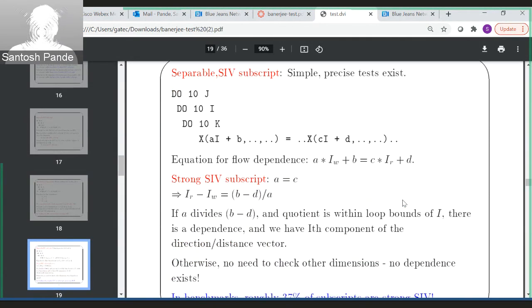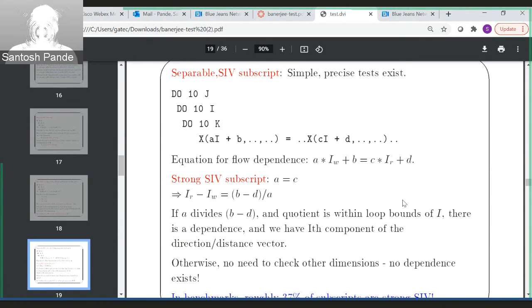So let's quickly introduce the single index variable cases and look at what are the kinds of things that are possible.